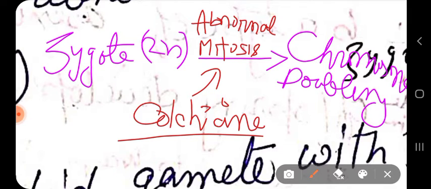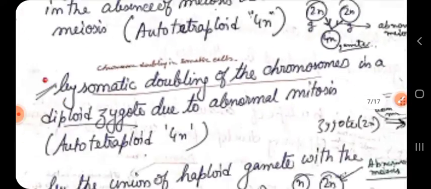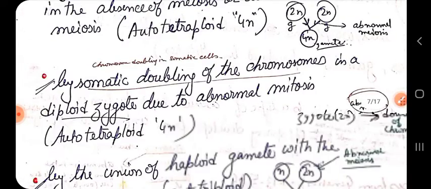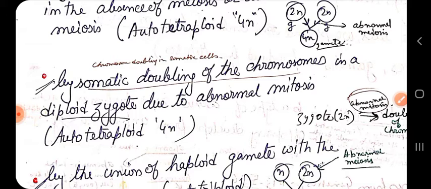That leads to the formation of 4n, that is, an autotetraploid. So in this way, somatic doubling of the chromosomes in a diploid zygote due to abnormal mitosis leads to the formation of an autotetraploid.